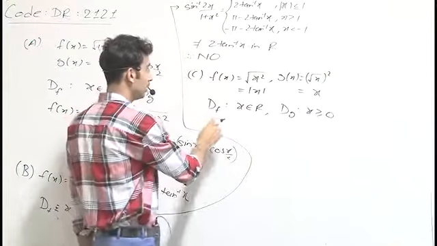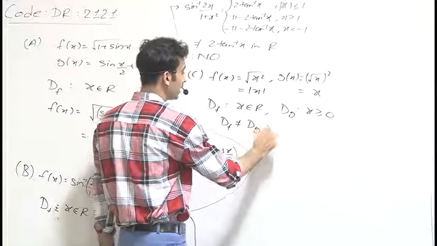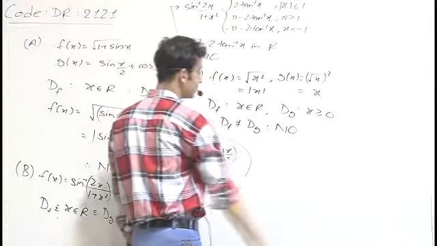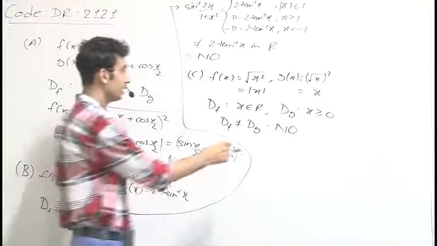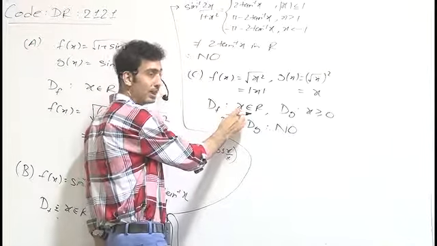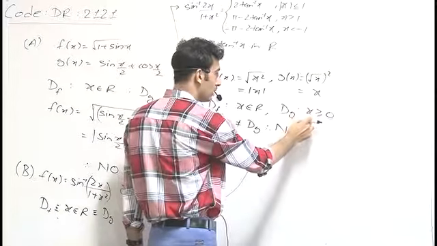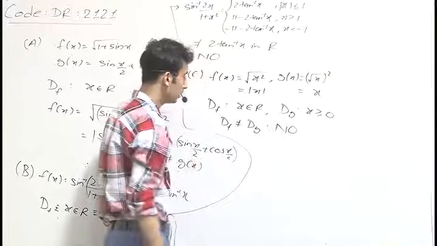So the domain of f(x) is not equal to the domain of g. Therefore the answer is again no, because in f(x) we have the set of all real numbers as domain, and in g(x) we have the set of non-negative real numbers only.